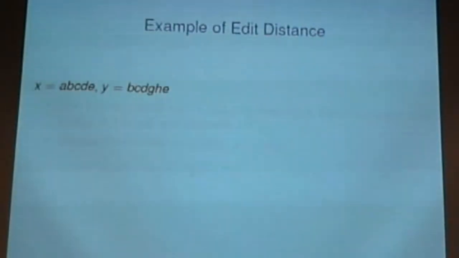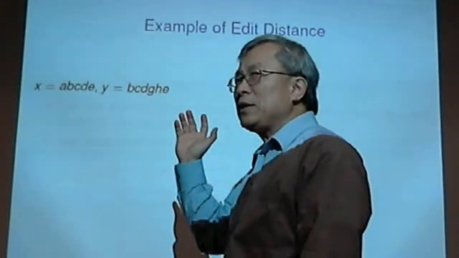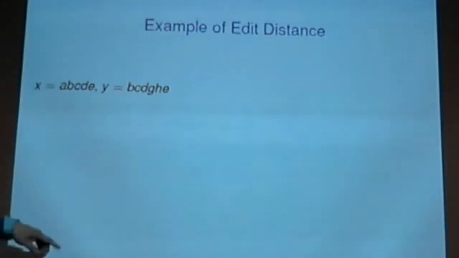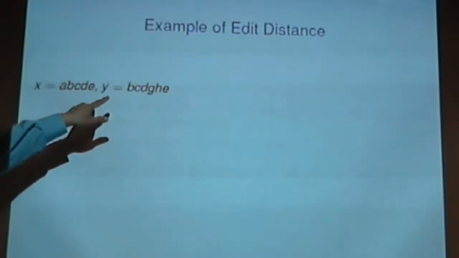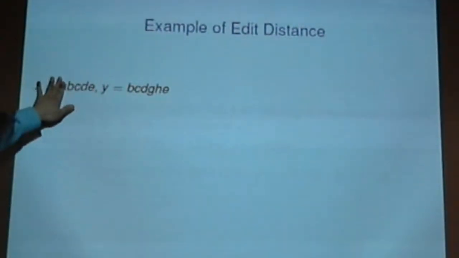Now, let's say you have these two sequences, or two words, whatever that is. To change from x to y or y to x, for example, let's say x to y. This has to be distance, right? Change from x to y or from y to x will be identical. How can you do that? If we just use the definition, to change this sequence into B, C, D, G, H, first you need to remove this one.